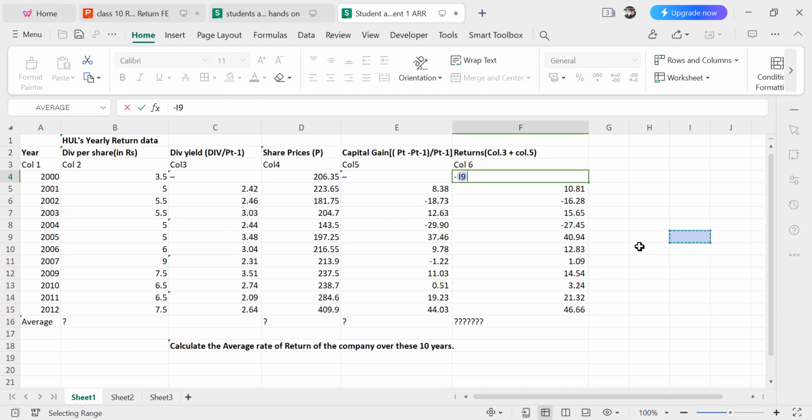Average is 10.48. 10.48. You got the average. This is for how many years?